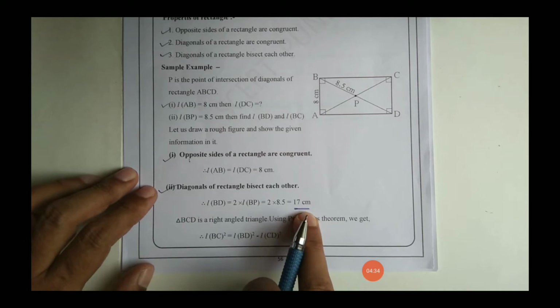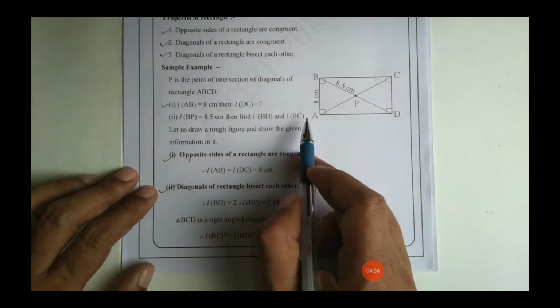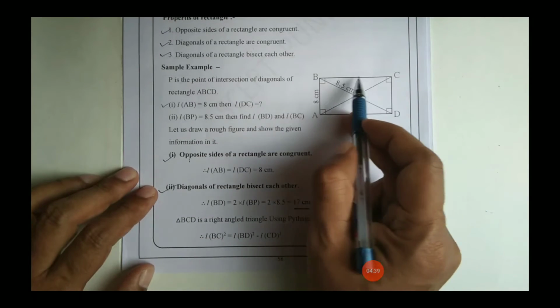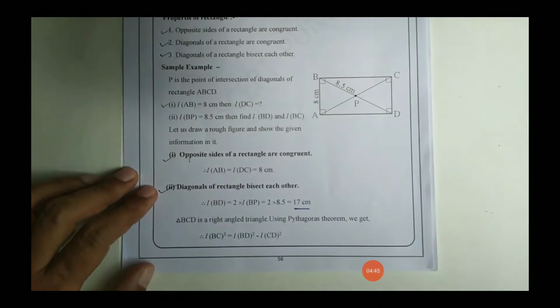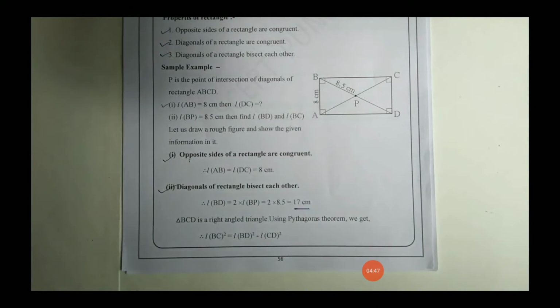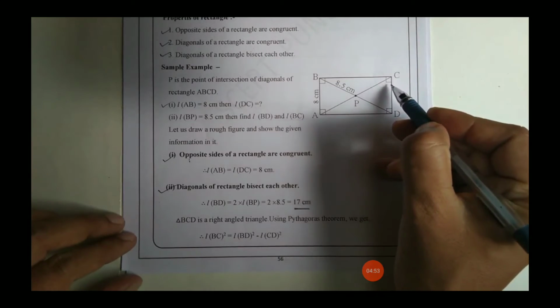अजून एक गोष्ट काढायची आहे, that is BC. What is that? BC कुठे आहे बघा. Now the triangle BCD. BCD हा triangle right angle triangle आहे because the angle C is 90 degrees. This angle C is 90 degree.